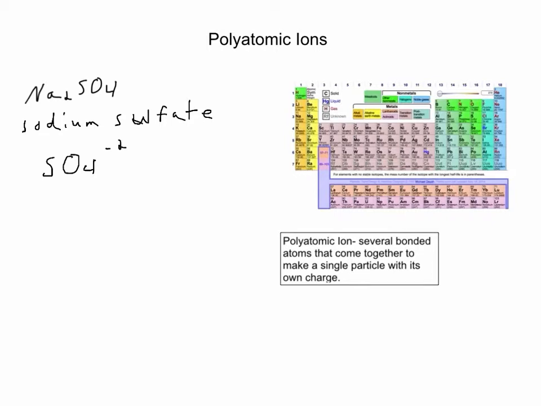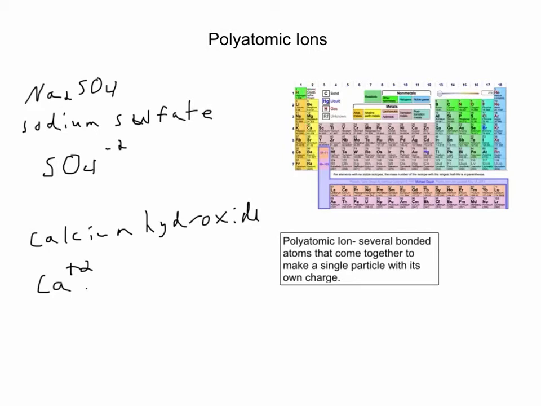For example, let's look at the compound calcium hydroxide. So we would start just like we normally do, writing the first element, calcium, and its charge is +2. Notice there is no Roman numeral here because calcium is a group 2 metal.